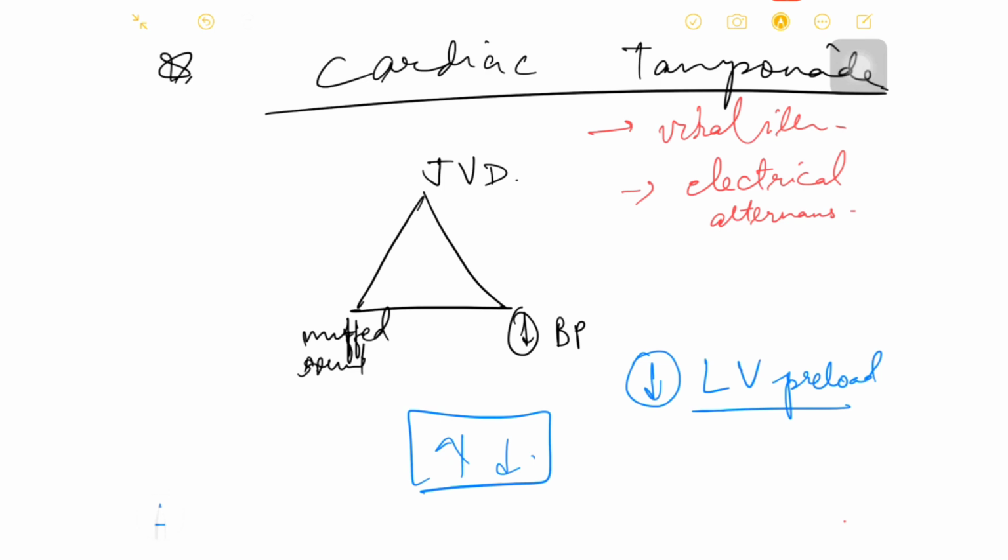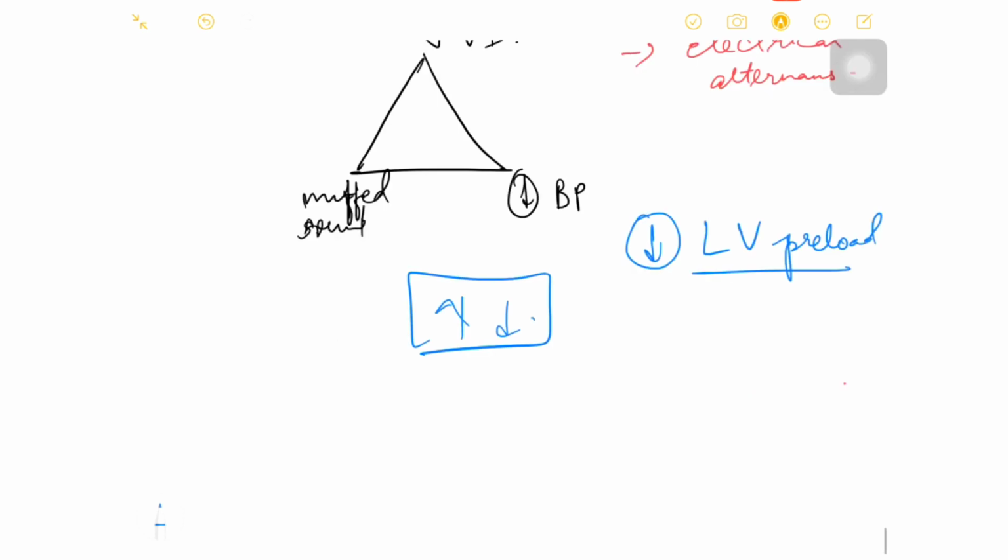Not exactly, but the same mechanism, more pronounced towards the right heart. Why is the left preload decreasing? Because, like you said, the blood is pressing on the heart, so the right side of the heart gets affected more in this kind of situation.